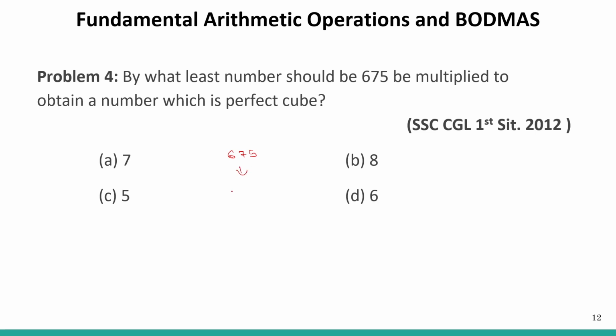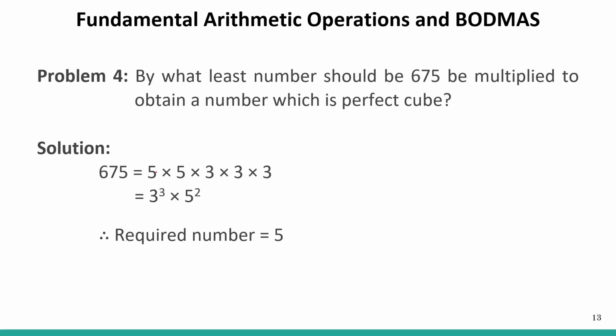Let's first do the prime factorization. 25 into 27 is equal to 675.